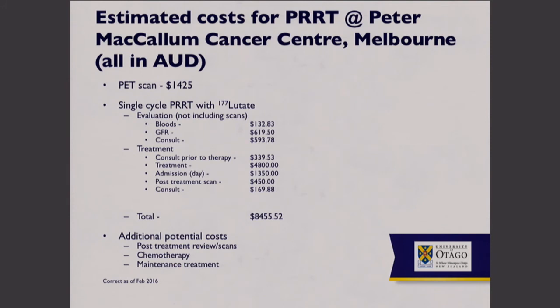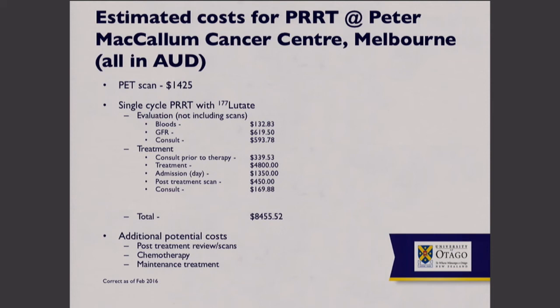What's the cost of PRRT? Four cycles, I would usually tell someone to expect to spend about 50,000 New Zealand dollars. That includes the cost of your PET scan. A PET scan in Melbourne is about $1,000 cheaper than a PET scan in New Zealand. And then you can go to the place where the nuclear medicine physician is.